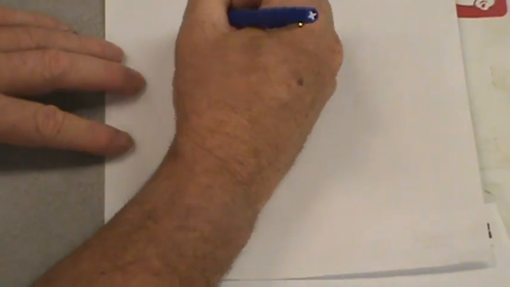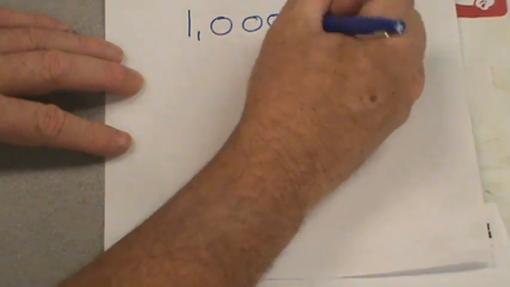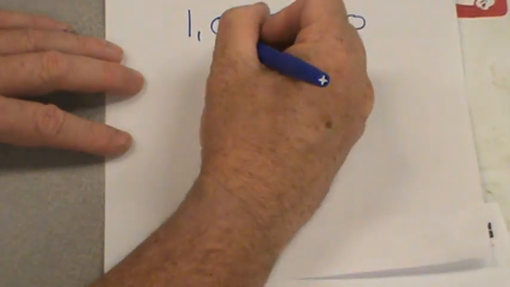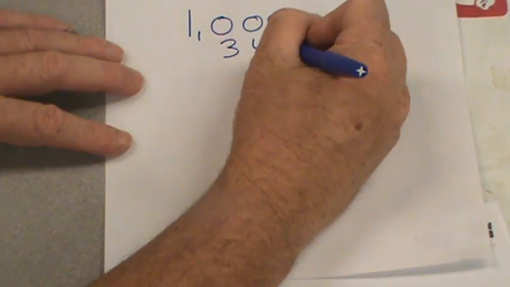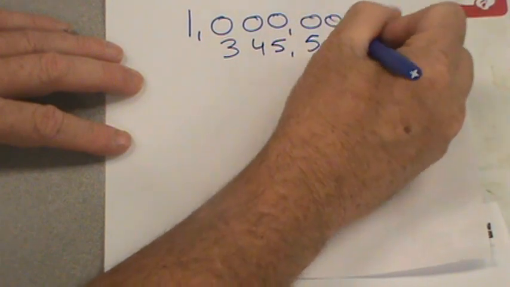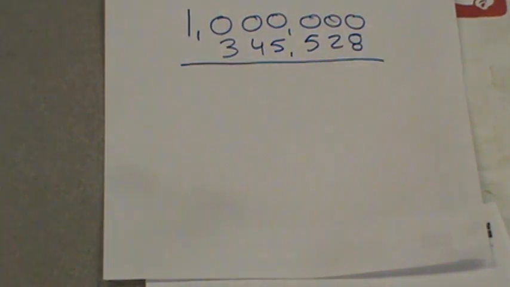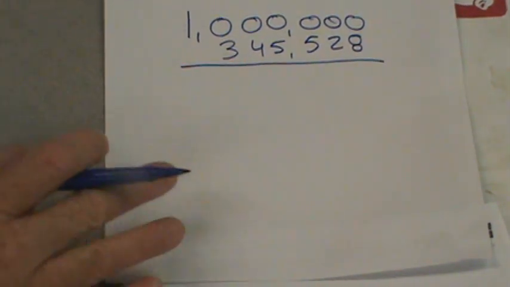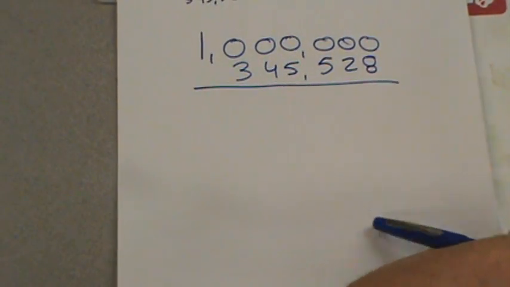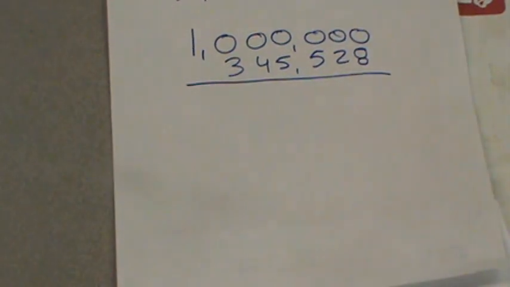Let's continue on down here and set up the standard algorithm. I'm going to make it nice and big so we can all see it. It's all up to the 1 million place value. When you get all these zeros, this is what you got to do. I'm not going to make a place value chart.